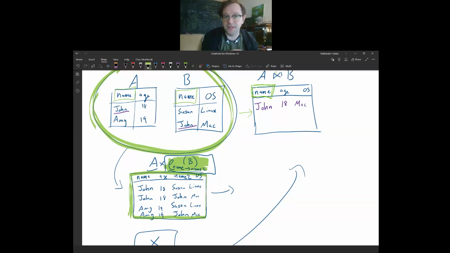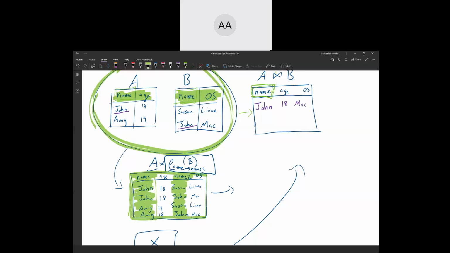And number two, you get all of the information that's in table A. Table A has a name and an age, and B has a name and an OS. And so in one relation, you get all of that put together. All of the information in table B and all of the information in table A get combined together via the cross multiply. The renaming is so that the first column name from table A can be differentiated from the name column in table B. So that's why we do the rename.